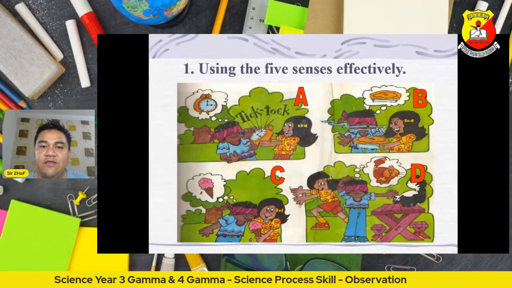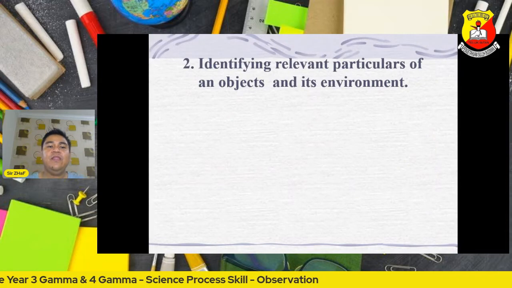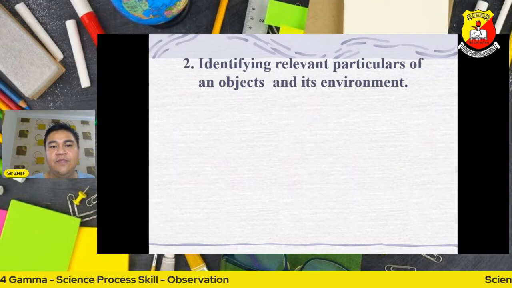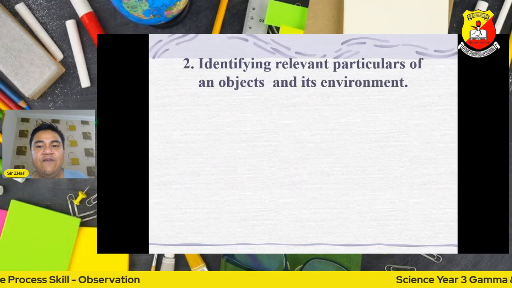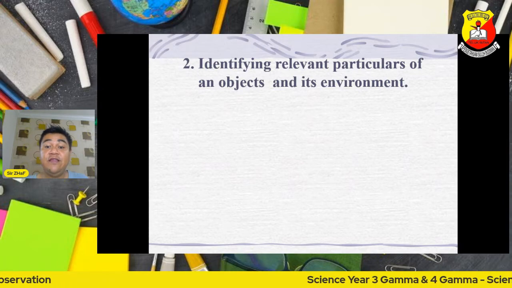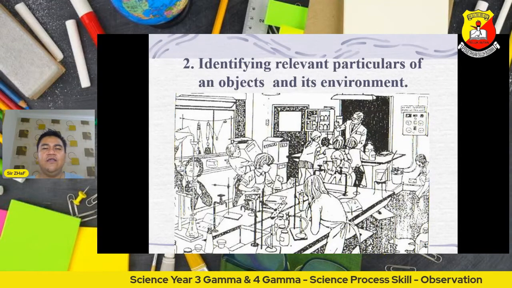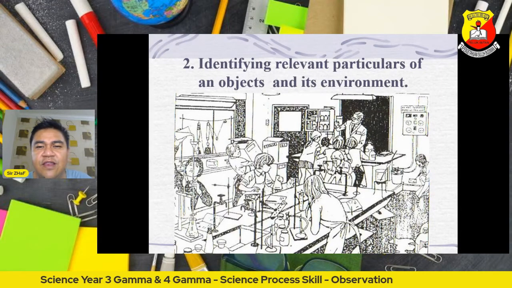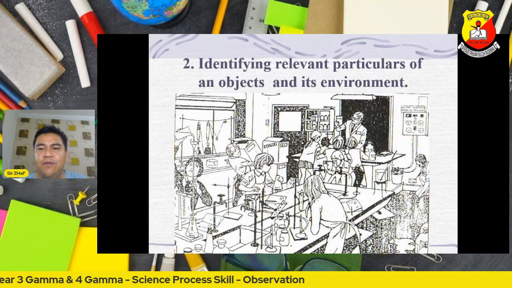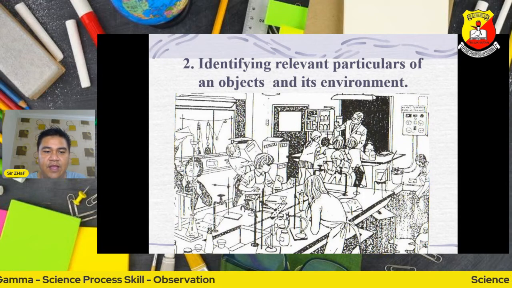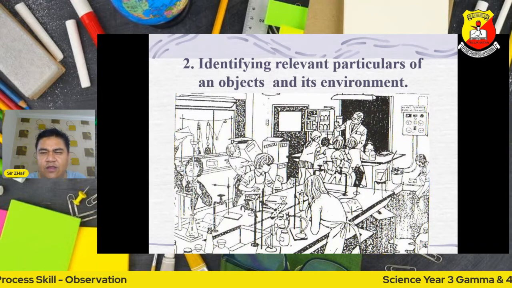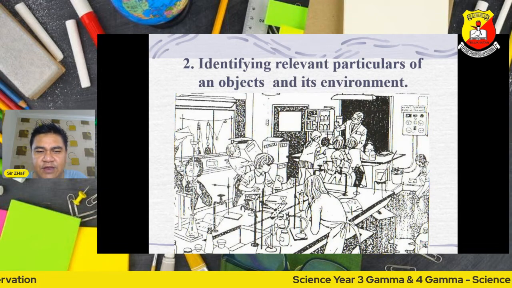Okay, next. Look at the next, number 2. Identifying relevant particulars of an object and its environment. Look at the picture, class. Can you identify relevant particulars of an object? Look, this picture is very crowded.